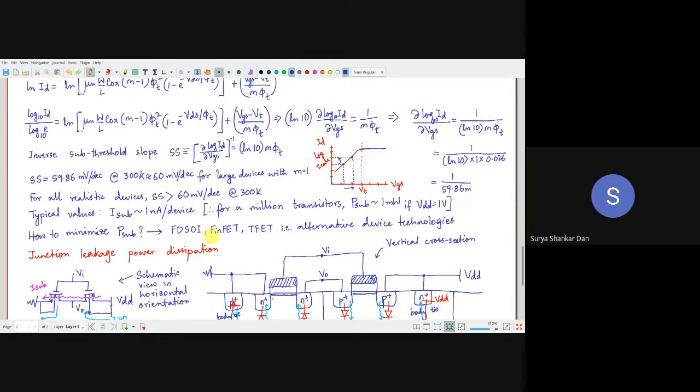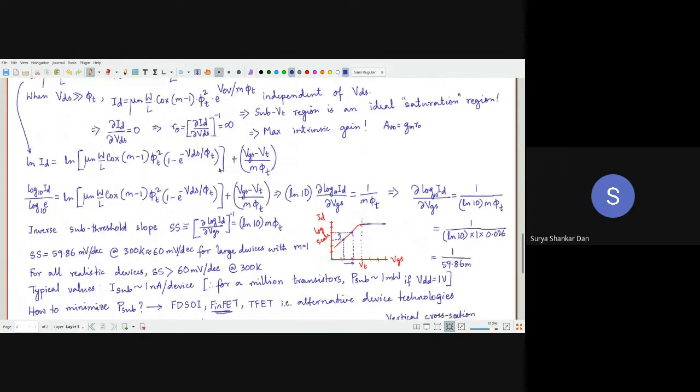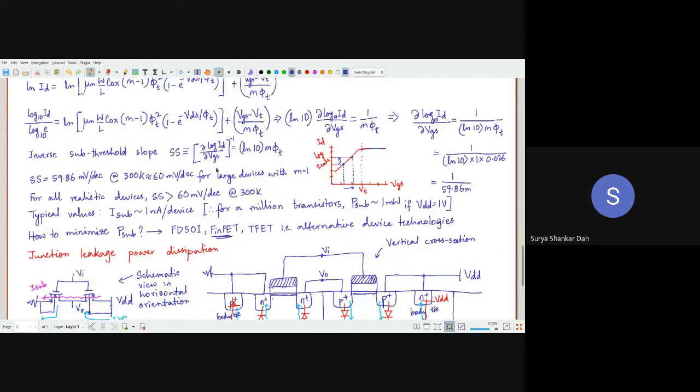Now you can understand why, because if you go below this, for scaled technologies, small m will be much greater than 1, and subthreshold leakage will be very, very high. The only way to reduce it is to change to a different device technology, that is FinFET. That is why CMOS is not used anymore.